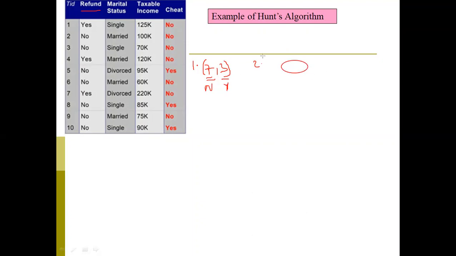Under this root node, how many branches are there? 2 branches.